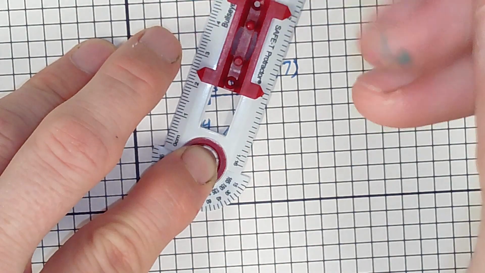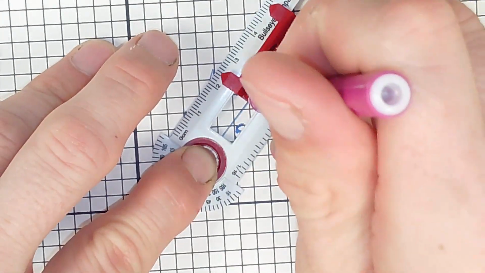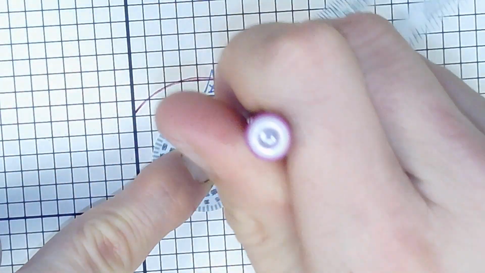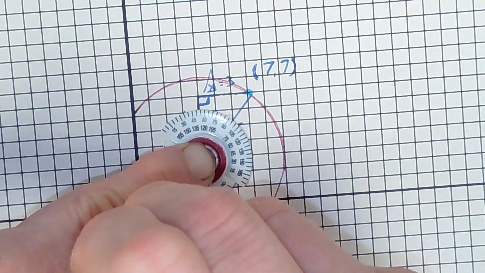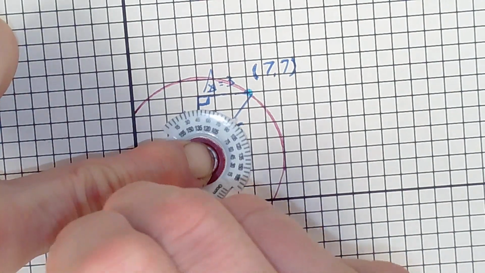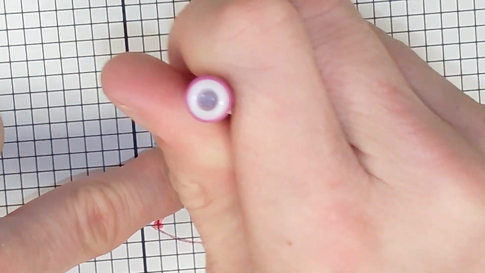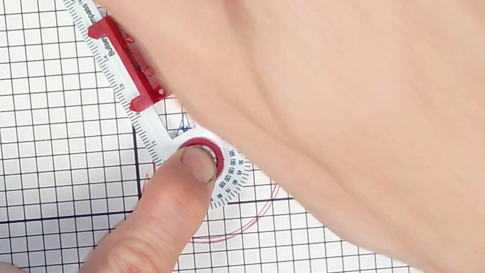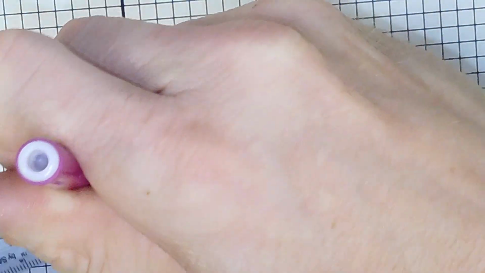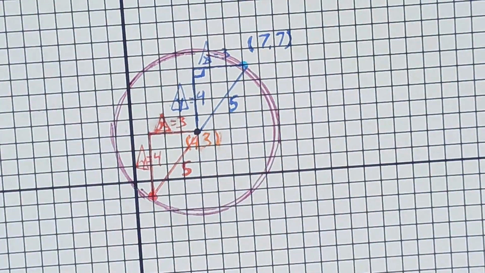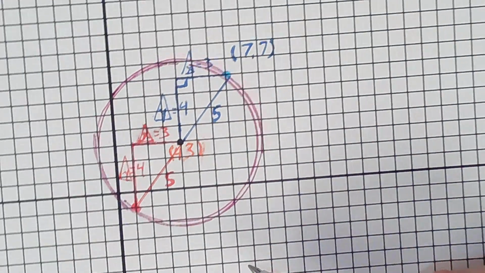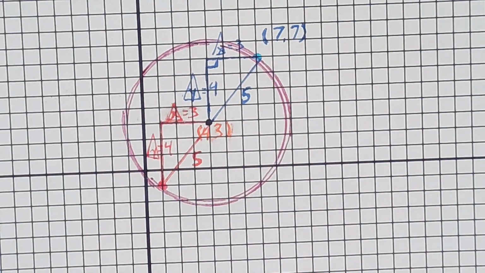Burgundy marks pretty good usually. Yeah, that's marking pretty good, and it's not slipping too much. Oh, it did. Spoke too soon. Okay, that's not bad. I've seen worse. All right, so there's my circle. It slipped a little when I was doing it, but that effectively makes my point.